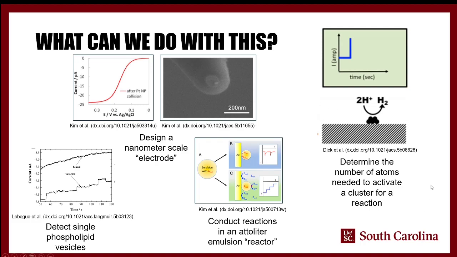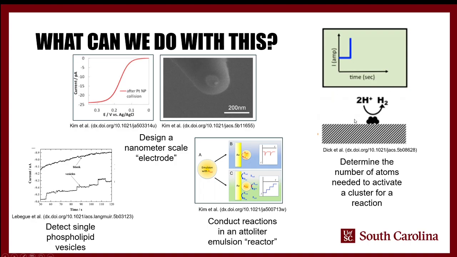The other interesting thing, and this is a similar reaction, is also from a colleague at the University of Texas. You can actually determine the number of atoms needed to activate a cluster for a reaction. So this was a guy named Jeff Dick. He took an ultramicro electrode and started slowly reducing different metals.